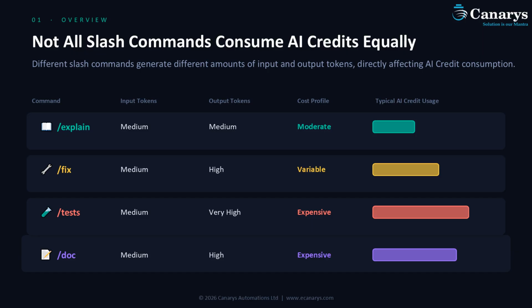Commands such as /fix may generate code changes and therefore vary depending on the complexity of the request. On the other hand, commands like /tests and /doc typically generate large amounts of code or documentation, making them the most AI credit intensive. Let's start by looking at the two most used commands, /explain and /fix, and how to use them efficiently.